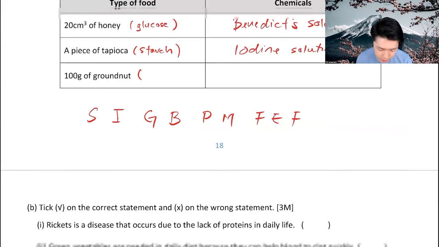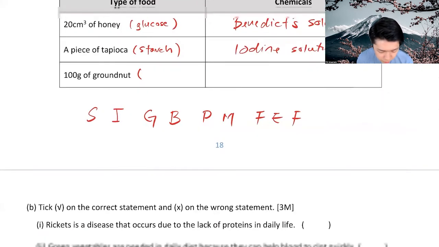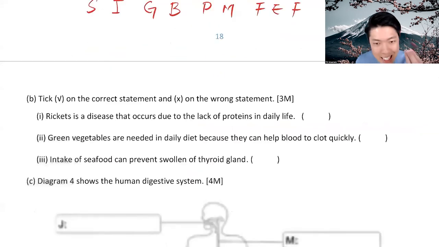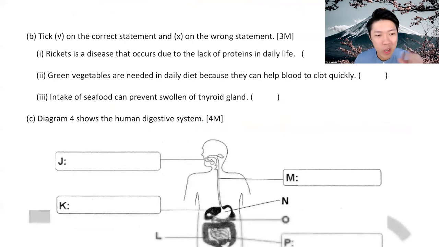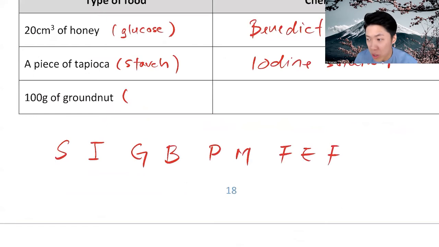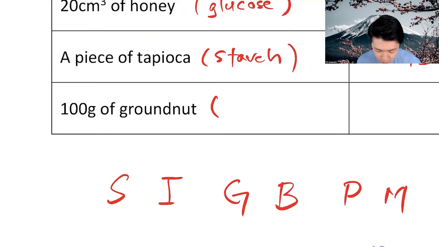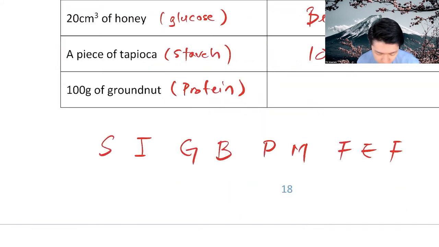But in this case, groundnut itself is not in a liquid state, it's not in oil state. So it's very difficult to carry out the filter paper test and the emulsion test because groundnut is a solid itself. So I'm guessing we should go for the protein test. So this will be protein, and that will be PM. M stands for Millon's reagent. Millon's reagent.